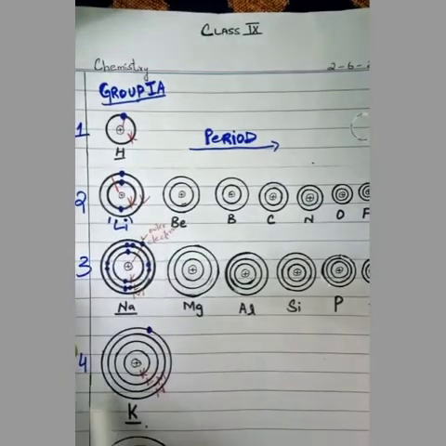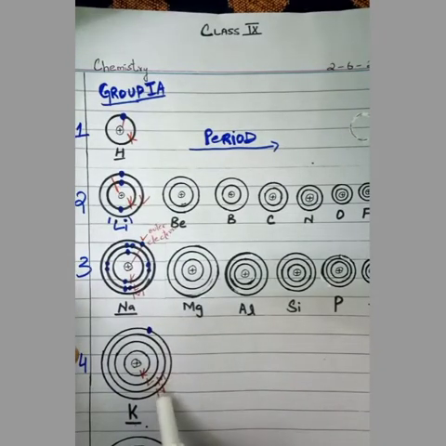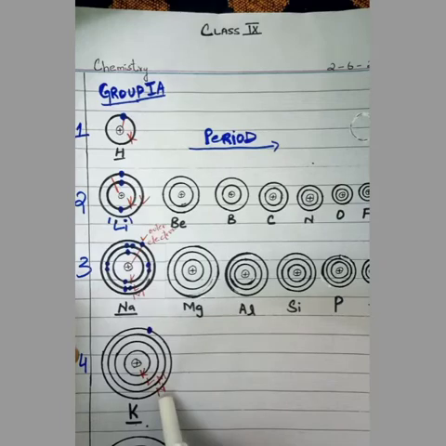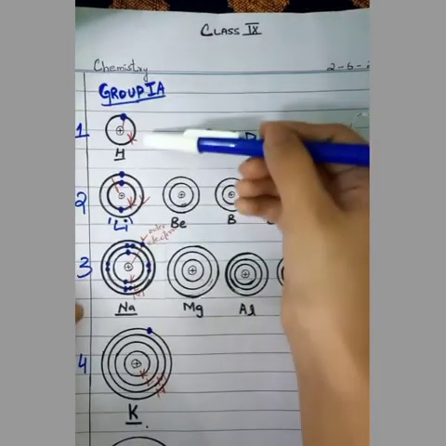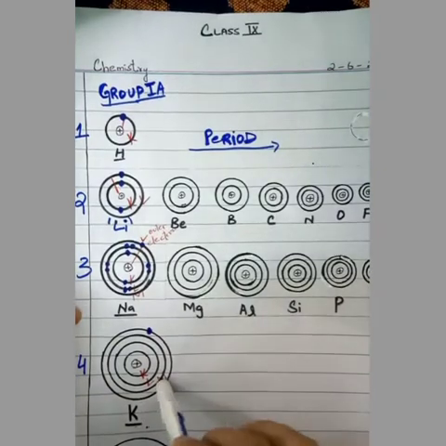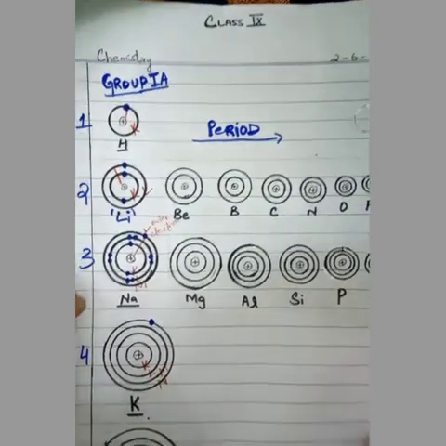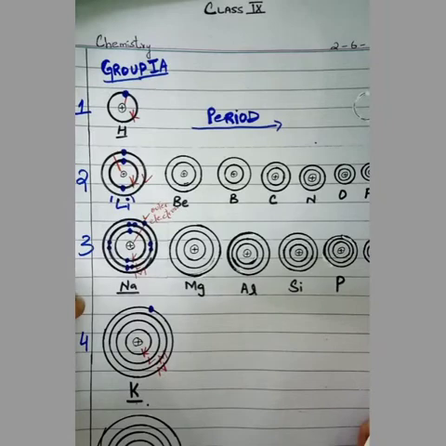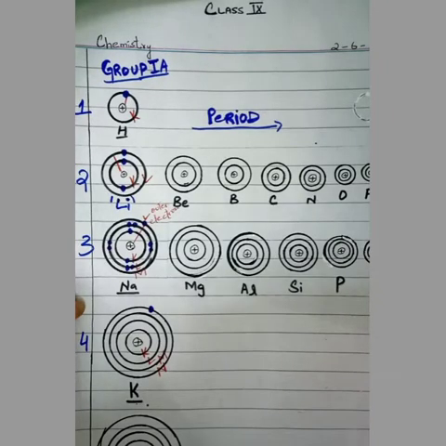So this element belongs to period number 4, that's why it contains 4 shells. So in this way, the shielding effect is increasing in a group. Okay, I repeat it again. When the shielding effect increases, electron affinity and ionization energies decrease.